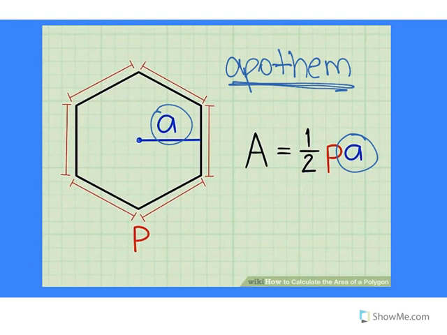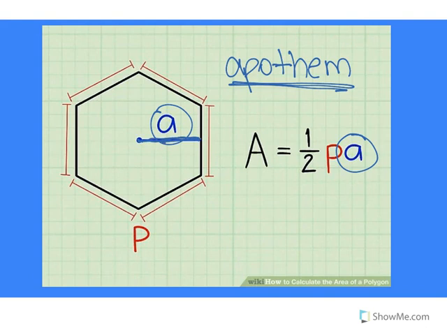Notice it goes from the center over to the center of a side, not to a vertex. For the most part, I'm going to show you how to find the apothem fairly easily, but for the most part, right now the apothem will be given to you.